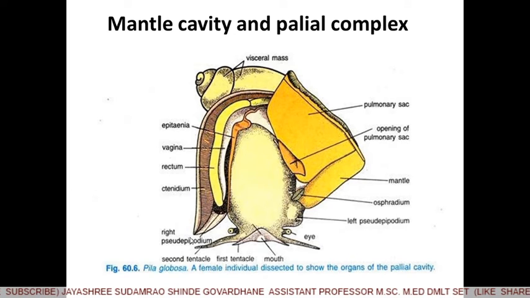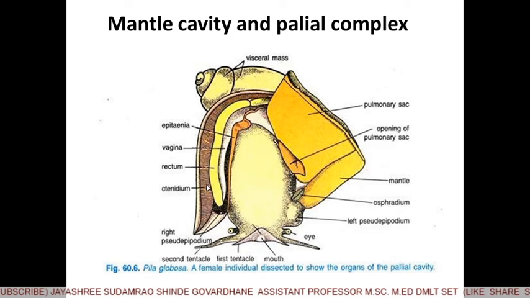Near the right pseudopodium, see, this is the right pseudopodium, is a prominent ridge or epithelium, which runs backward up to the end of the mantle cavity and divides the mantle cavity into two unequal regions: a small right branchial chamber and a large left pulmonary chamber, which plays an important role in aquatic and aerial respiration.